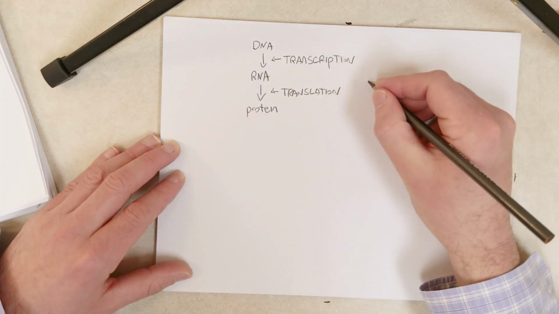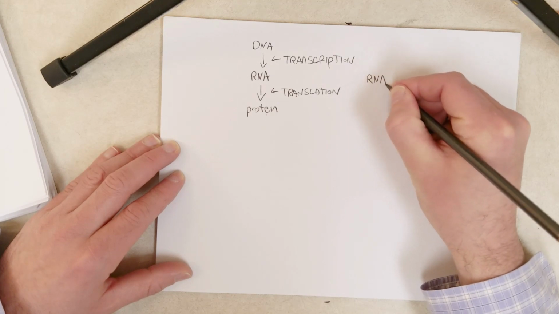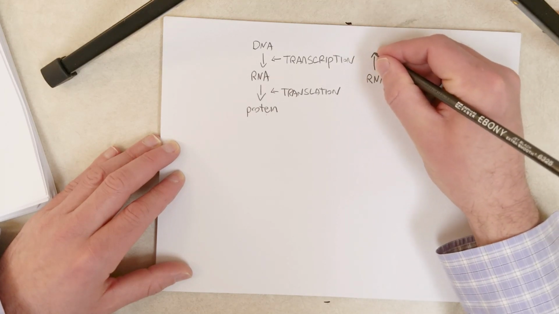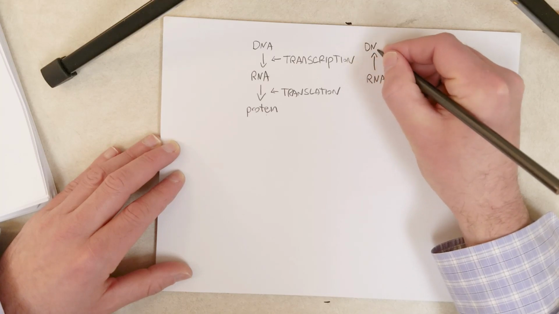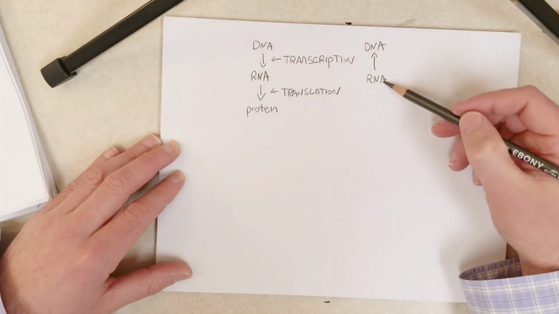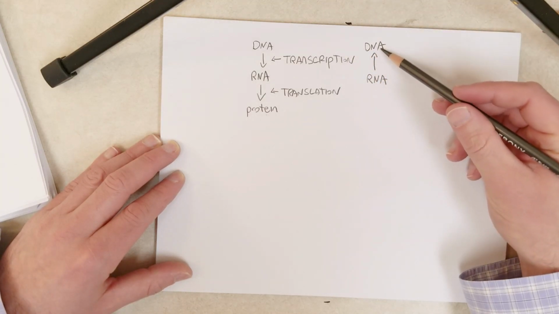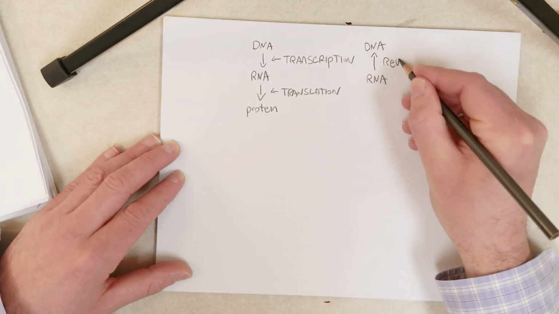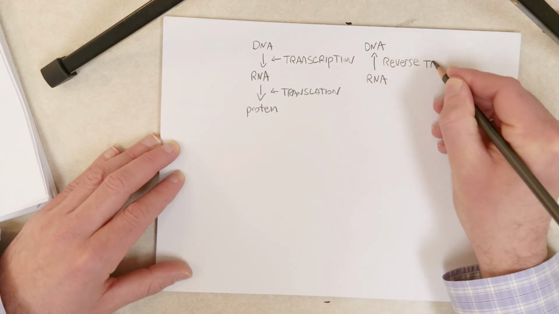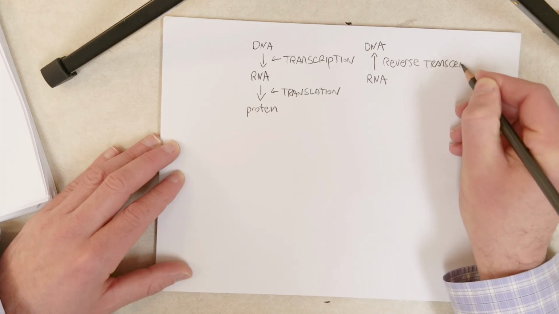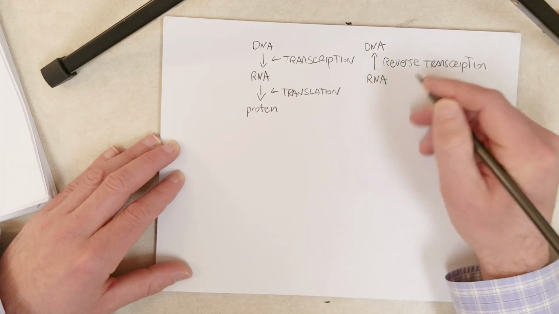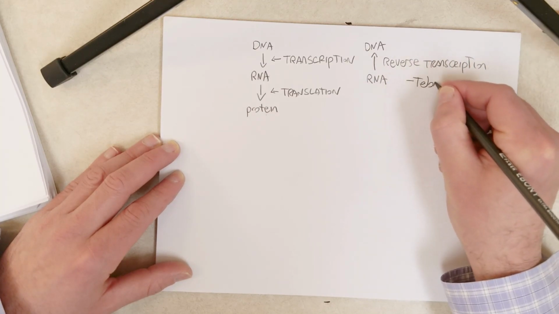And in our last lecture, we saw a case of how the code in RNA was used to synthesize DNA, and that was called reverse transcription. If you don't remember, where did we see this? We saw this with telomerase.